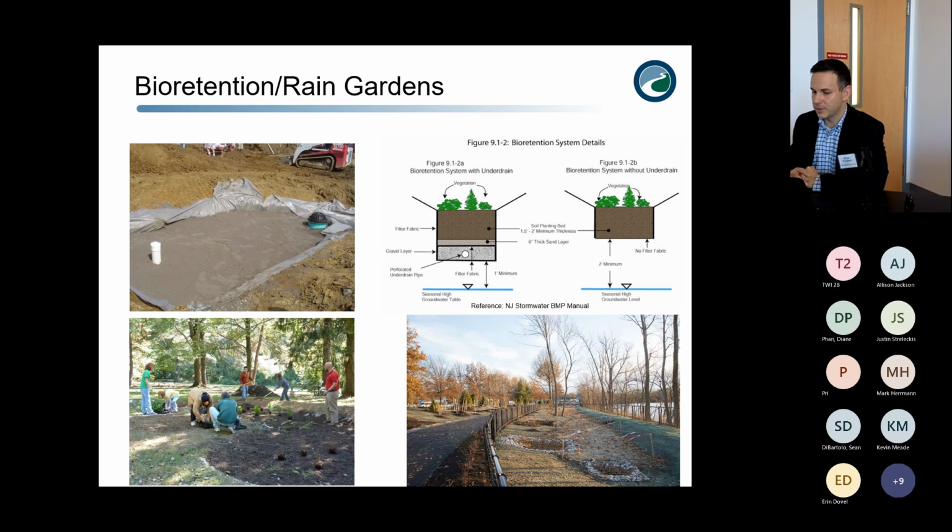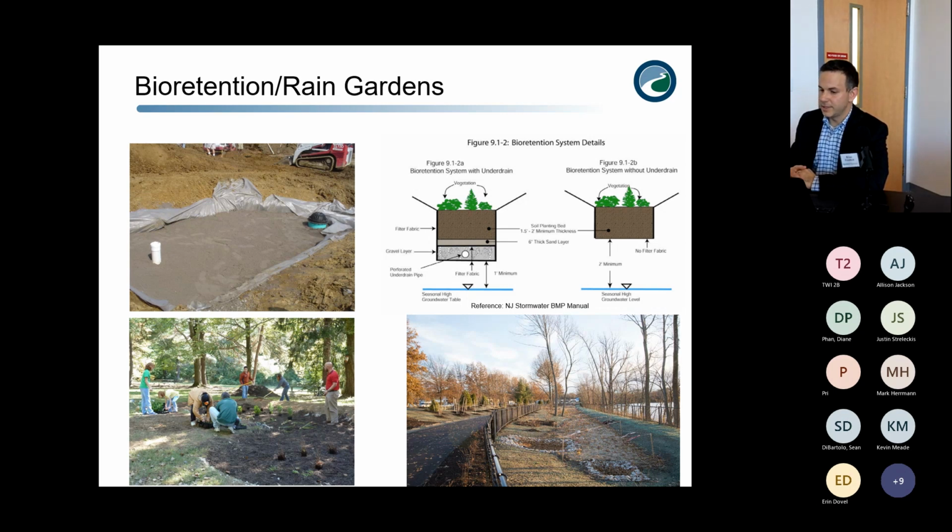On the left is an option with an underdrain. So in that option, you have that soil planting bed at the top, and then a 6-inch thick sand layer. And that's just a bridging layer to make sure that that soil planting media doesn't get down into the underdrain. And then below that's the underdrain layer, which is a crushed stone, open graded layer where water can collect beneath the rain garden.